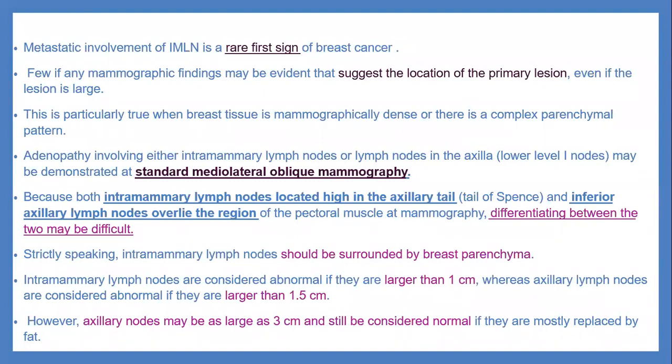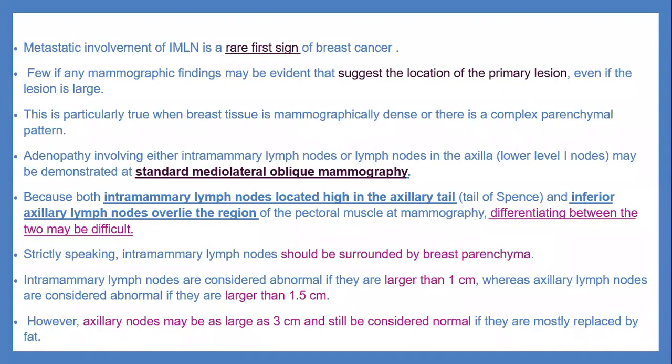It's not common. It may be evident and suggest the location of the primary lesion, even if the lesion is large. This is particularly true when breast tissue is mammographically dense or there is a complex parenchymal pattern.